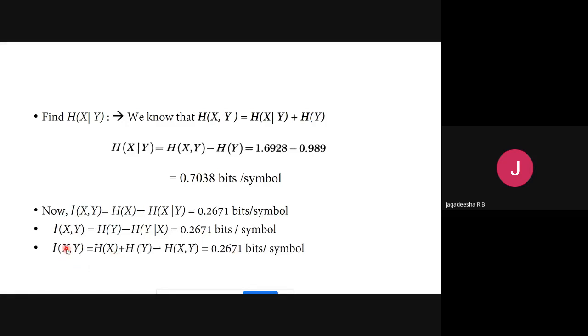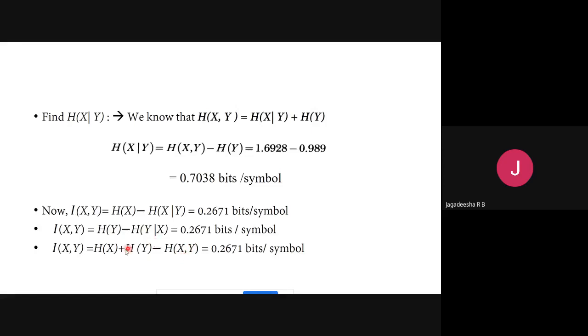Third, mutual information between X and Y is equal to entropy of X plus entropy of Y minus joint entropy between X and Y, right? So that's what is written here.